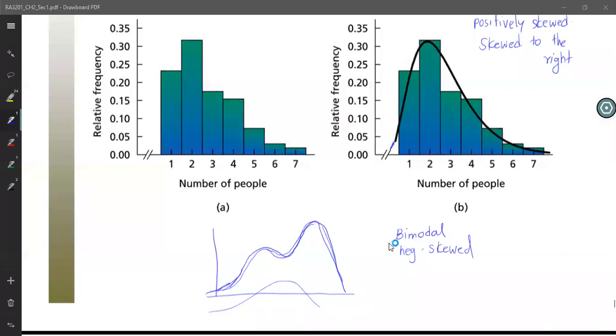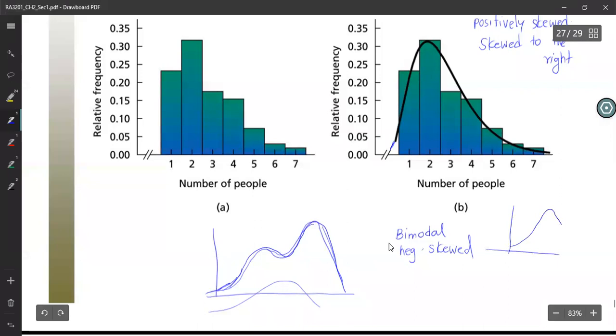Now there's another tricky thing about the shape of the distributions. Say for example, after you draw the histogram, you got something like this. So this is slightly symmetric but slightly skewed. Now how do you explain this one? So that's why I said the way you justify. One student will explain this as slightly symmetric.